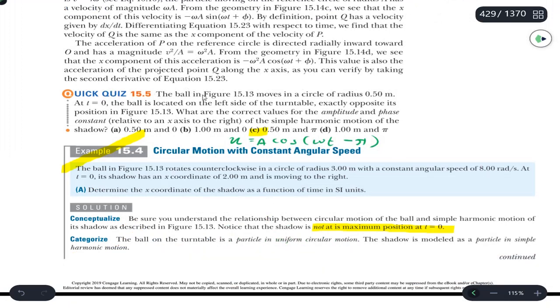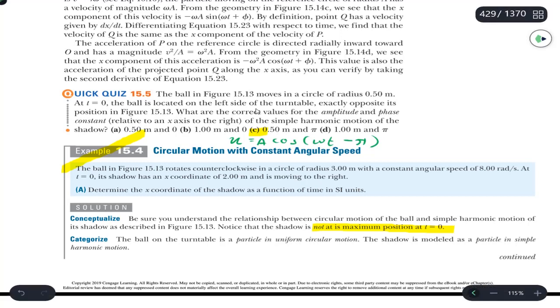Now, in the scenario of figure 15.13, that ball moved in a circle of radius 0.5. At time 0, the ball is located on the left side, exactly opposite to the position in 15.3.